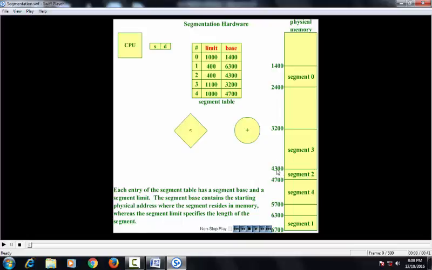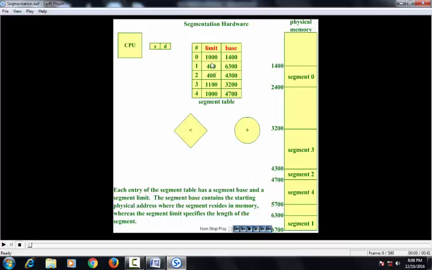That is the base address, and this is the ending address of the segment. In the same way, segment 3 contains 1100 and the base address is 3200. Segment 4 contains 1000 lines and the base address is 4700.